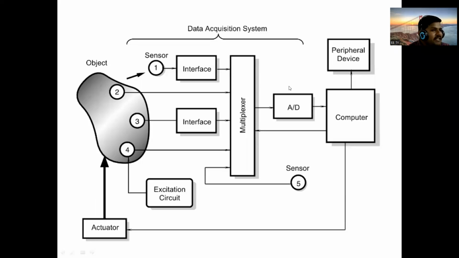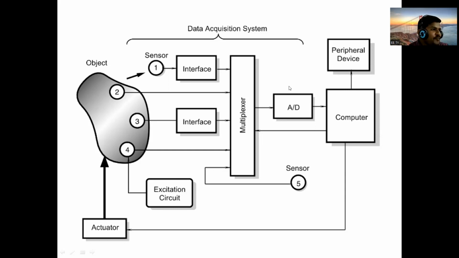In that situation, this sensor acts as a type of switch. It will sense whether the door is closed or open. Only two conditions are there. When the door is open, the signal obtained from the sensor is a low level signal, that means 0. When the door is closed, the signal obtained from the sensor is a high level signal, that means 1.